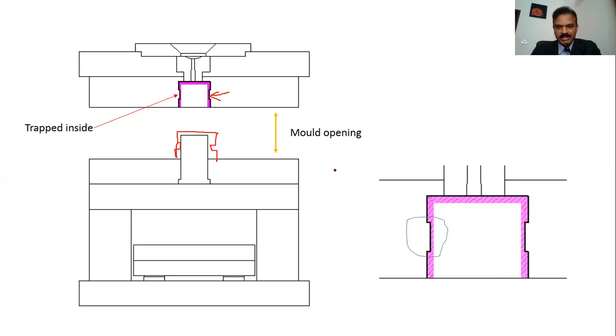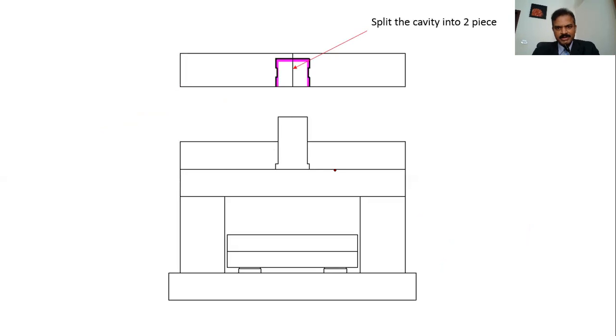But we got to overcome this situation somehow. So this is where we are going to split the cavity block into two pieces. See, you cut this into two pieces, this is the piece on the left side, and it has become two pieces now. So this is how the name split cavity is derived.